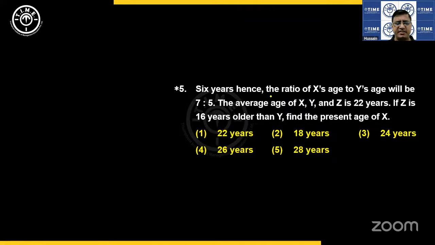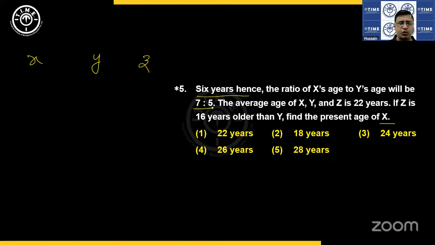6 years hence, the ratio of x's age to y's age will be 7:5. The average age of x, y, and z is 22 years. If z is 16 years older than y, find the present age of x. 6 years hence means after 6 years.